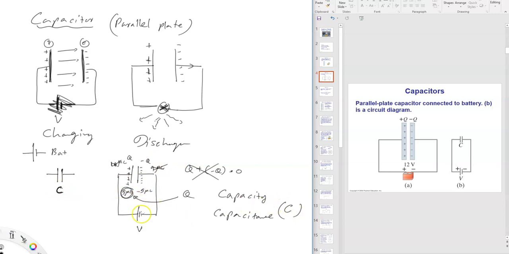And there's a simple, nice relationship between the voltage connected, the charge accumulated, and the capacitance of the capacitor, given by Q equals CV. The charge accumulated on the capacitor is equal to the capacity multiplied by the voltage supply connected, right? So Q equals CV is the first equation for capacitors.